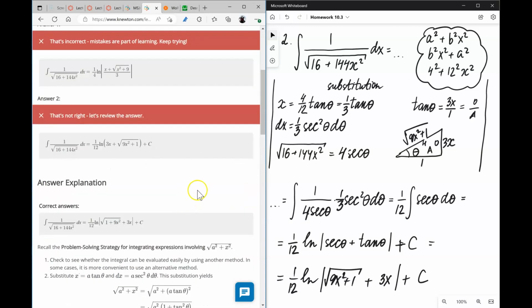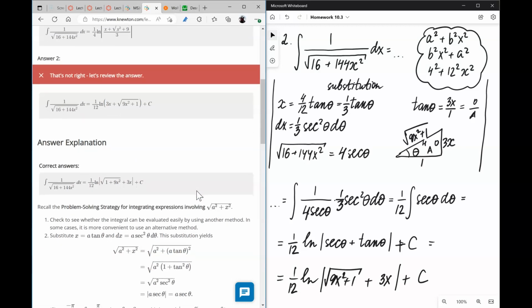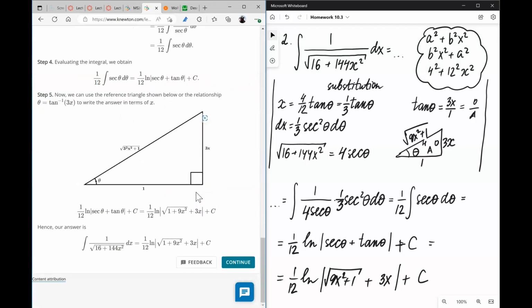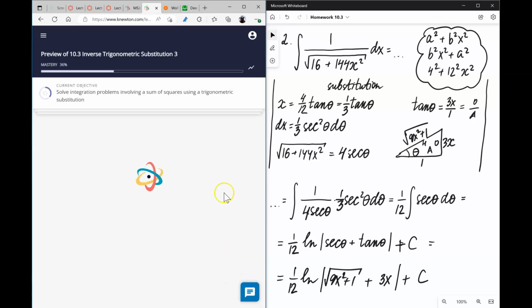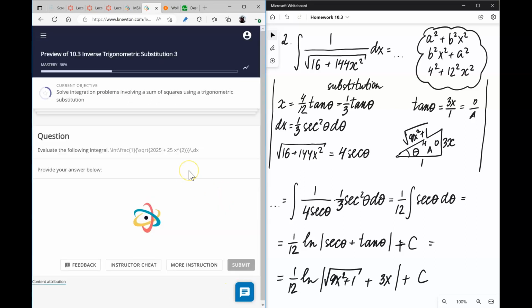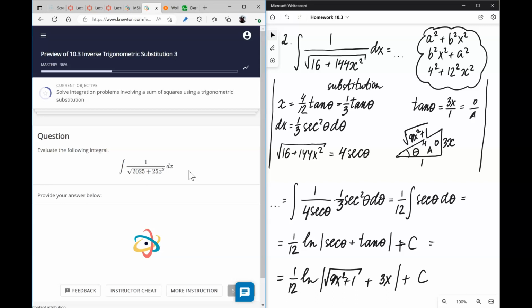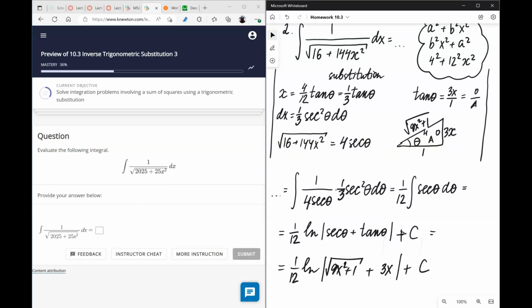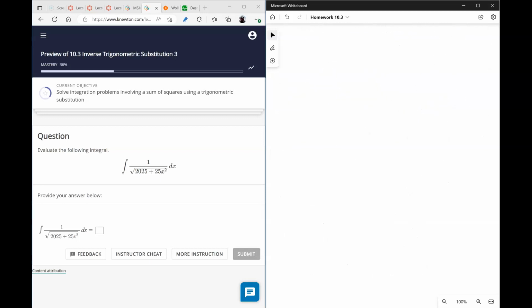It has to be. And that's what happens when you don't put the absolute values and do the wrong substitution. So, lesson learned. Let's continue.